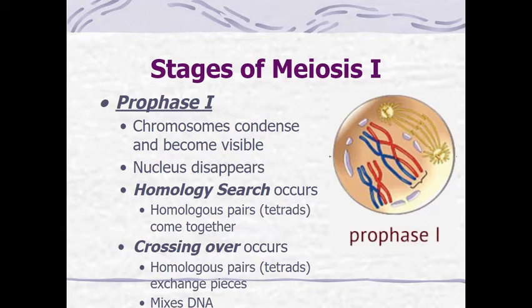After the homology search, then we have crossing over. In crossing over, the homologous pairs exchange pieces with one another. So the chromosome that came from mom will break off some pieces and exchange those with the homologous partner of the chromosome that came from dad. What this does is it mixes up the DNA even more than meiosis is going to end up doing.